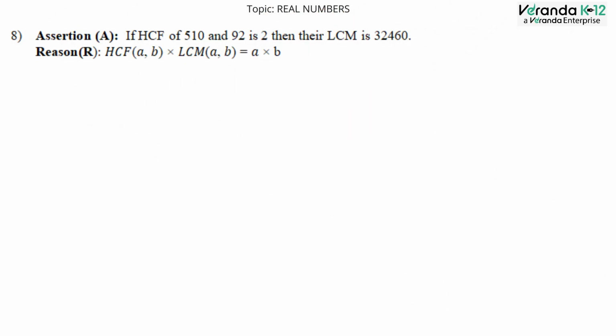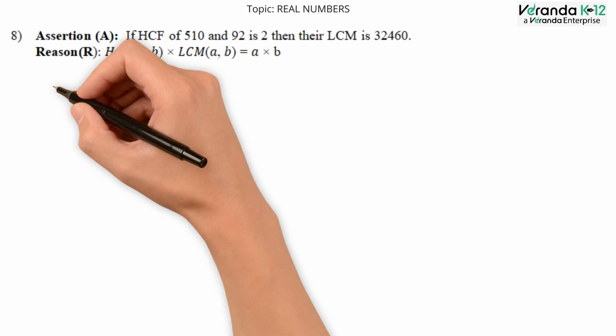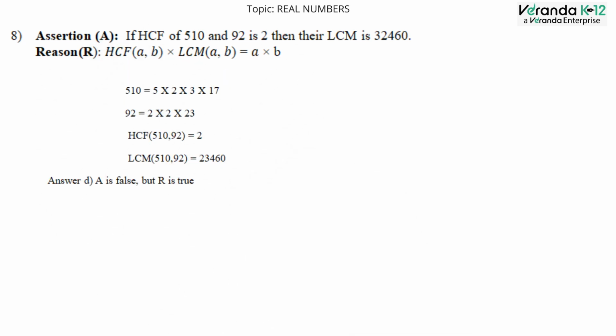Question number 8. Assertion. If HCF of 510 and 92 is 2 and their LCM is 32,460. Reason. HCF of A, B into LCM of A, B equals A into B. First, we need to check whether the assertion is true.